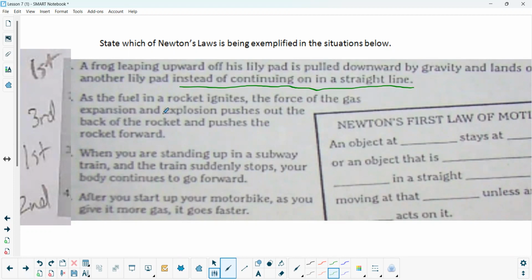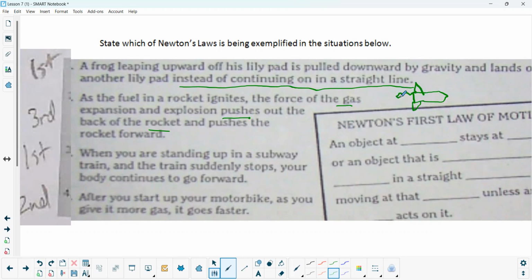The second one: as the fuel in a rocket ignites, the force of the gas expansion and explosion pushes out the back of the rocket and pushes the rocket forward. So this one is the third law example. The gas pushes out the back of the rocket. If I draw a really rudimentary rocket, here we go, a little rocket here.